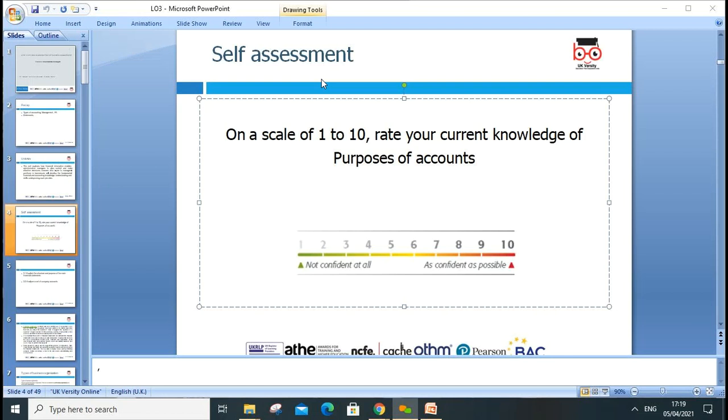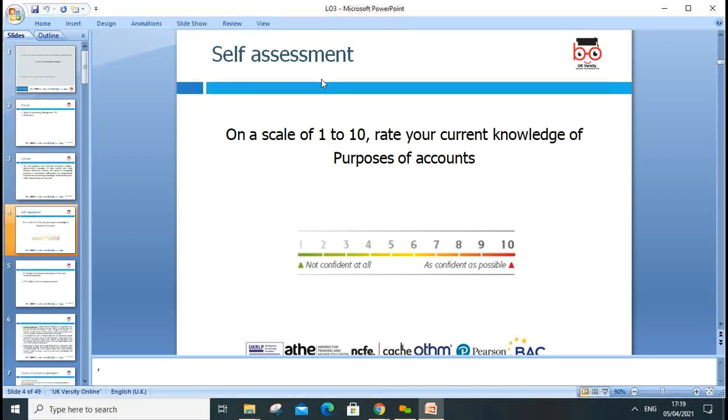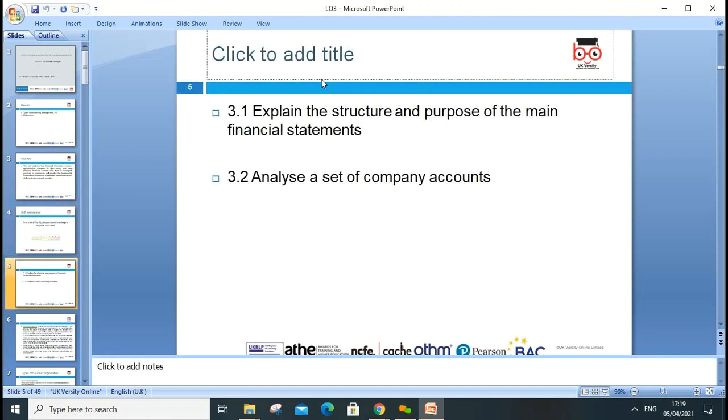Okay, so on a scale of 1 to 10, we can check our current knowledge about the purpose of accounts. It's always good to look around at where I am when we start any activity, and at the end of the lesson, we can reflect again.